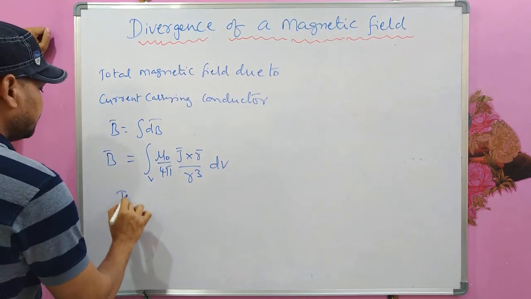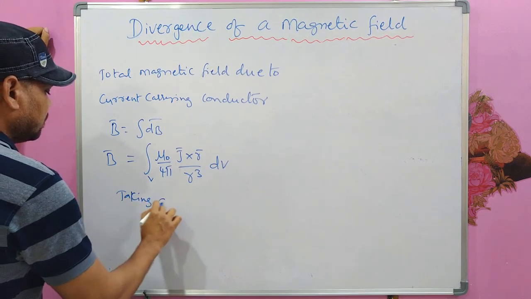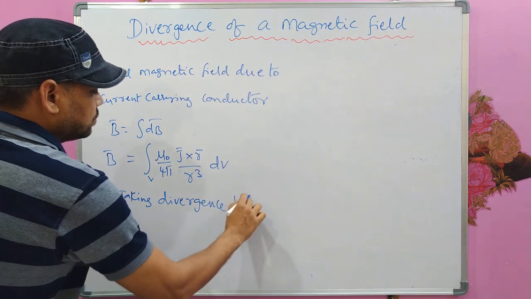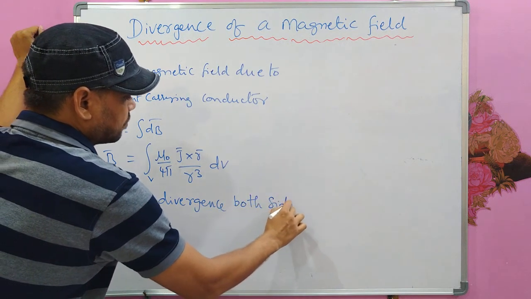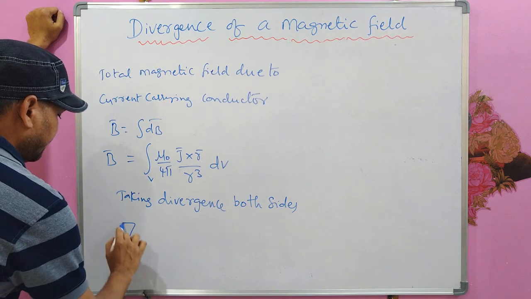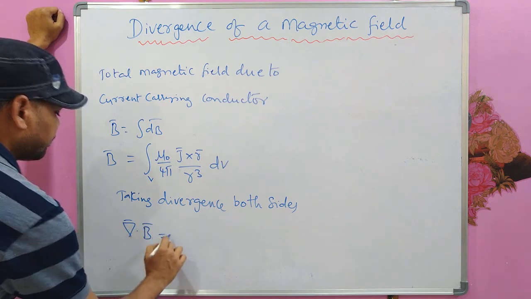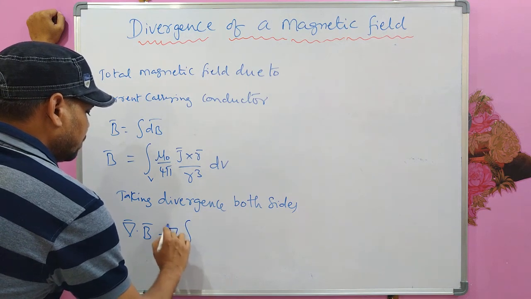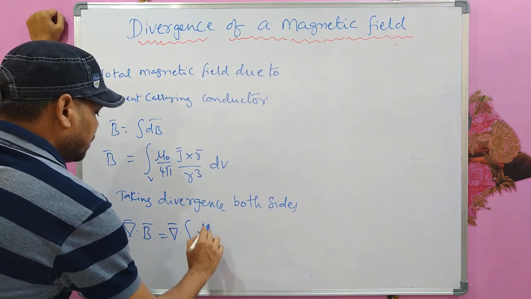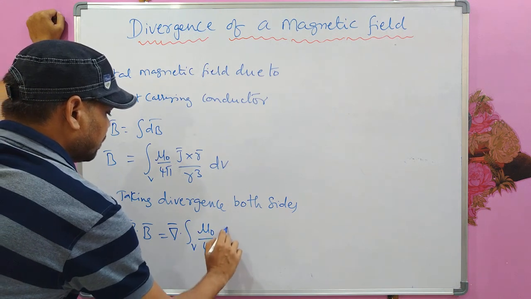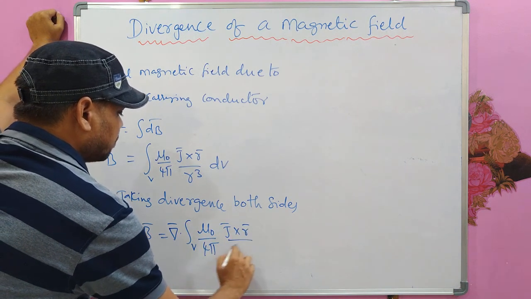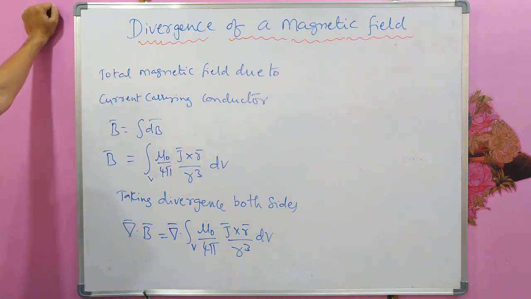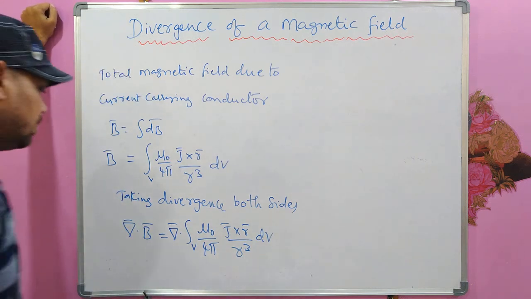Taking divergence on both sides, you will get del dot B bar is equal to del dot of the integral of mu naught by 4 pi J bar cross R bar by R cube dV. Mu naught by 4 pi is a constant, so I am taking it out of the integral.